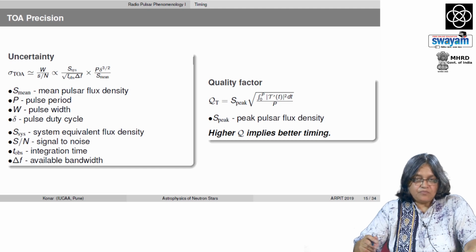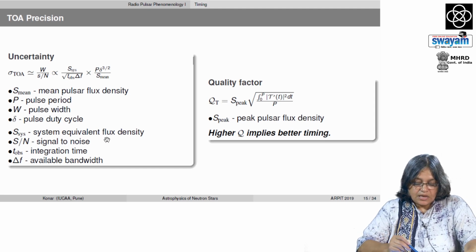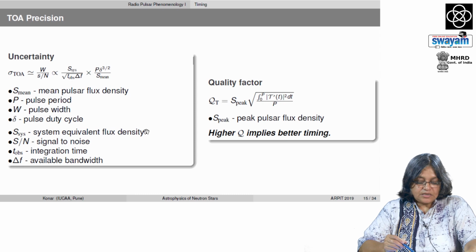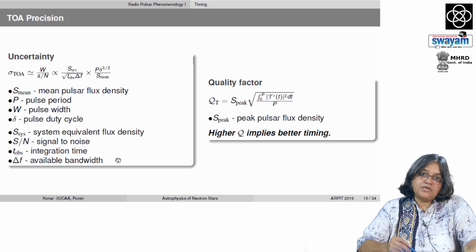The uncertainty of our precision is defined by a quantity sigma TOA, which basically depends on a number of quantities in our observational system. So, for example, the system equivalent flux density, then the signal to noise ratio, then the integration time, how long we are observing, and delta f, the available bandwidth. So, these are all observational parameters of our experiment.